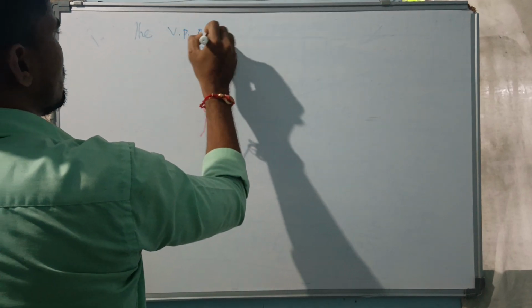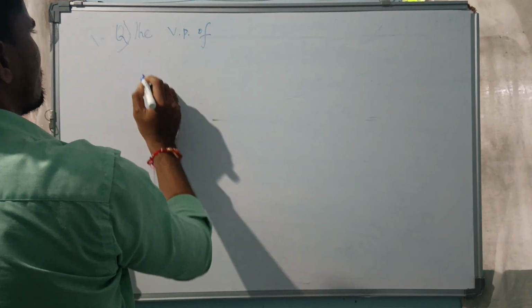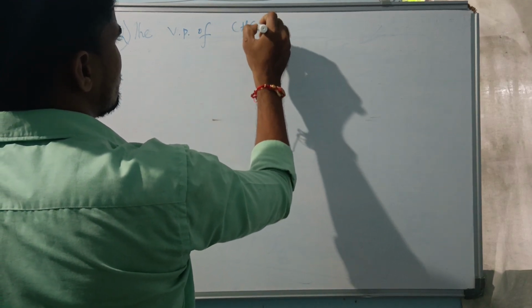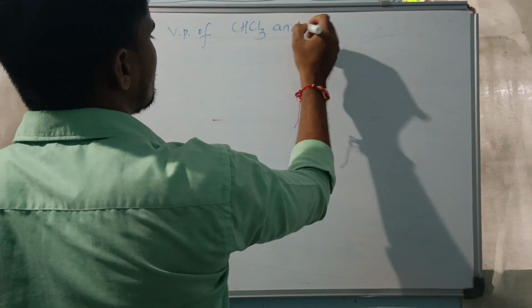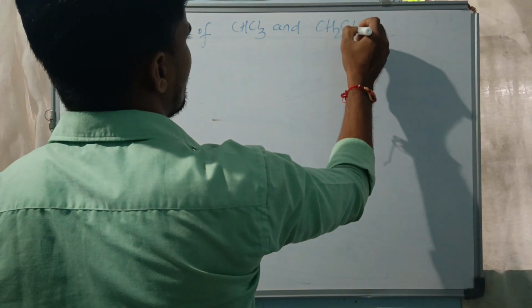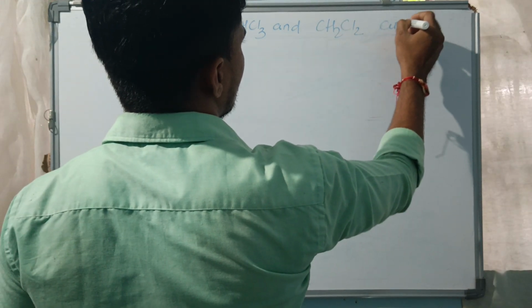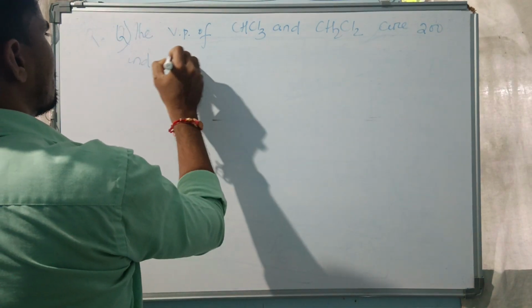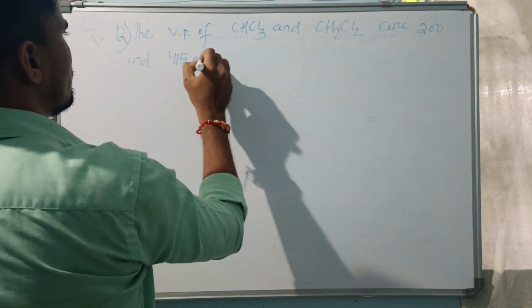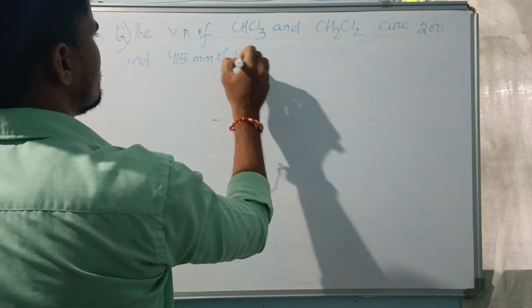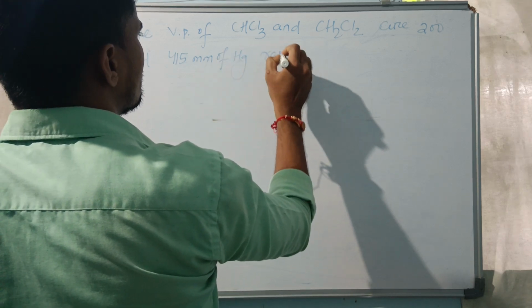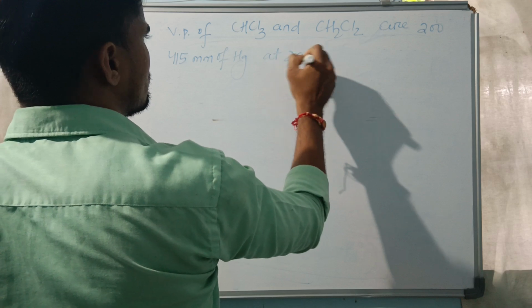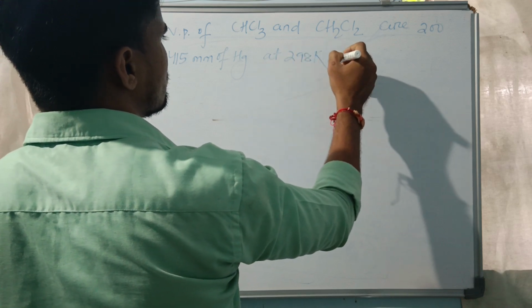The vapor pressures of chloroform and dichloromethane are 200 and 415 mm of Hg respectively at 298 Kelvin.